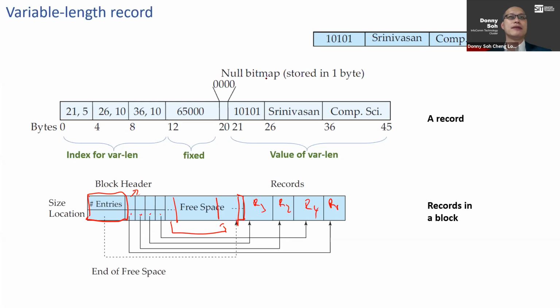I should have talked about this earlier, but I somehow missed this part. So let's look at this part now. Here it tells me that there is a combination of both fixed and variable length attributes in this record.